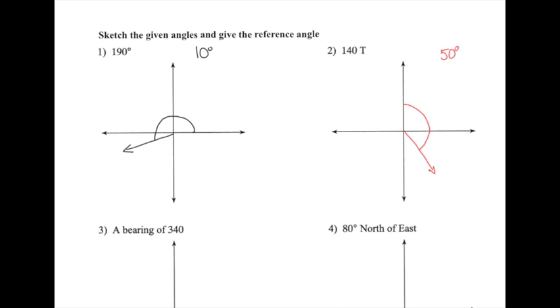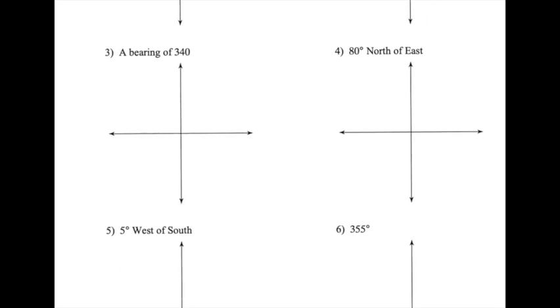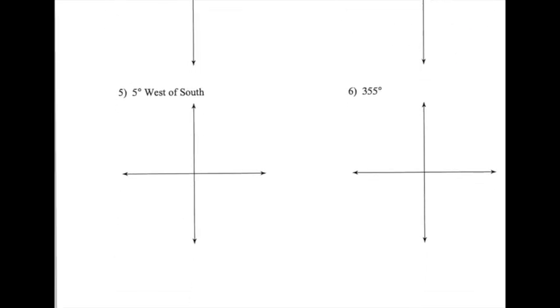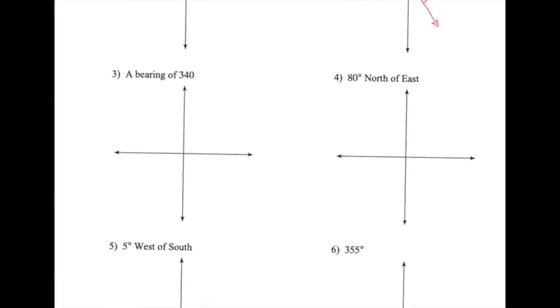The last way that you can have this is in directions like north of east, west of south. Those are strictly going to be whatever they tell you. So remember, the first one is telling you your movement. The second one is telling you from where. So if it is north of east, I'm going to start east and go north. If it is west of south, then that means I'm going to start at south and go west and draw that. Again, sometimes when they hand it to you, they give you your reference angle.